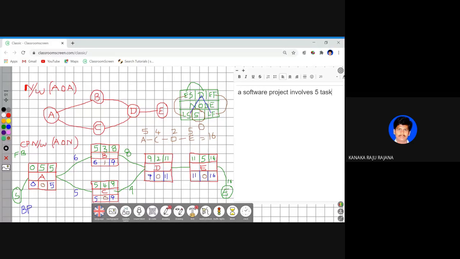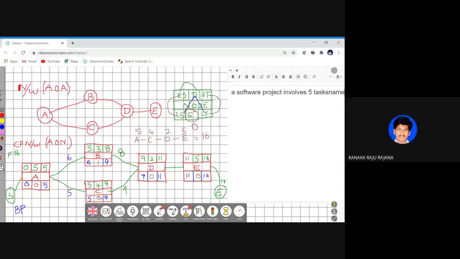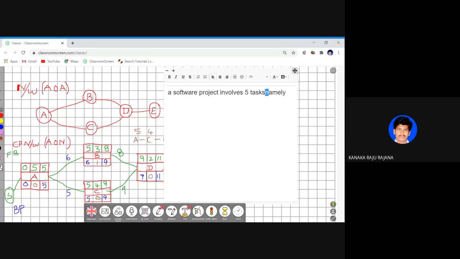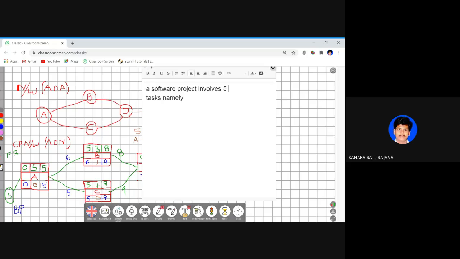Okay, 5 tasks, namely T1, T2, T3, T4, T5.